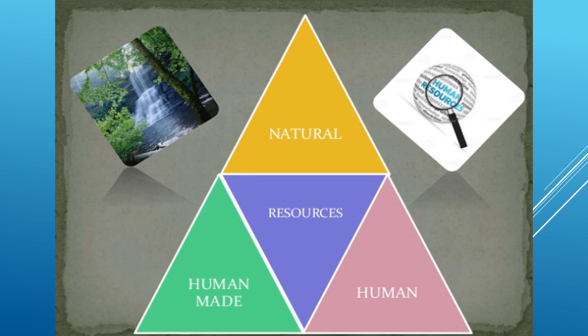So resources are classified in three important categories. One is the natural resource, second is the human-made resource, third is the human. Because without human, other resources cannot be used. Land is of no use without human. It is only the human mind and technology that has converted a source into a resource. So humans are the most important resource.